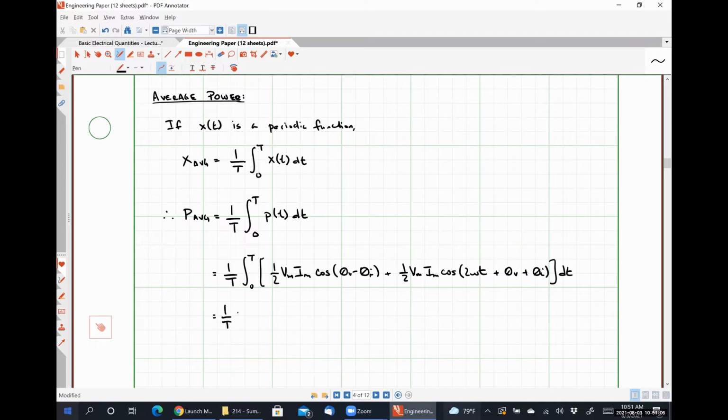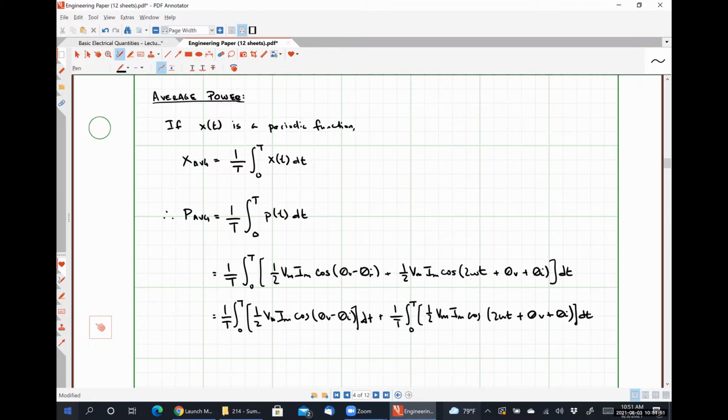I'm going to say that I have 1 over T, the integral from 0 to T of 1/2 Vm Im cosine theta v minus theta I dt, plus 1 over T times the integral over one period of 1/2 Vm Im cosine twice omega t plus theta v plus theta I dt.